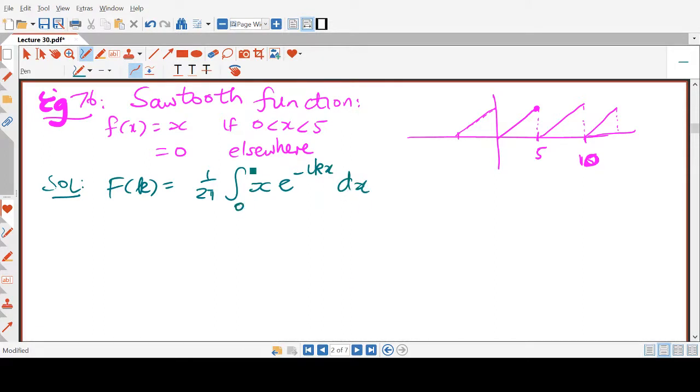And the only part that's alive is 0 to 5. You can put minus infinity to plus infinity, but according to the definition of the function, only the part from 0 to 5 is alive, it's x. All the other parts are going to be 0 by definition. This sawtooth thing I'm recapping from the first semester on the series, which converges every 2 pi to the same thing.